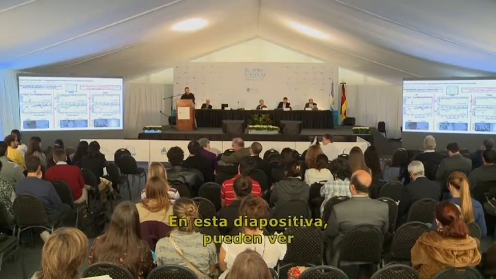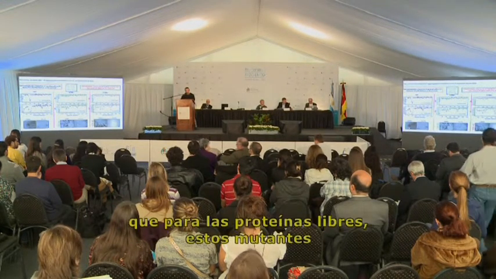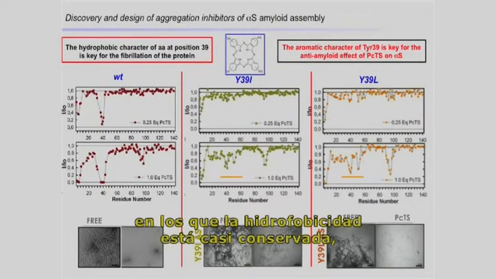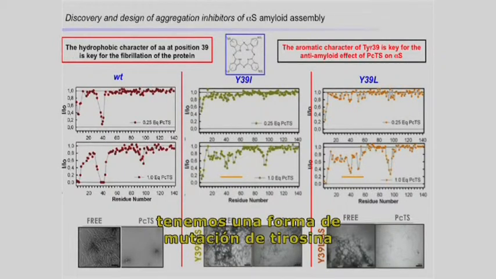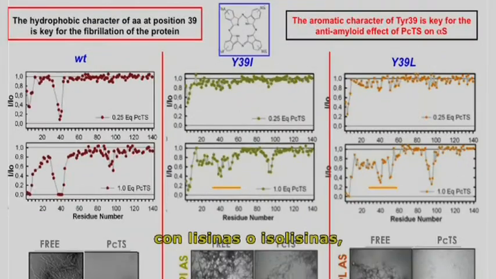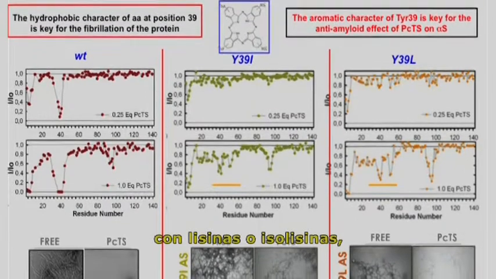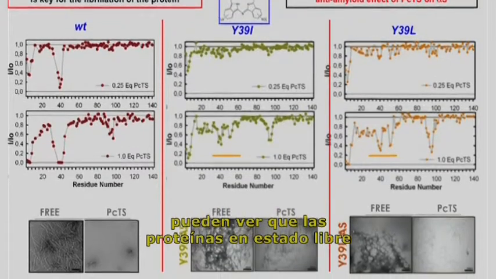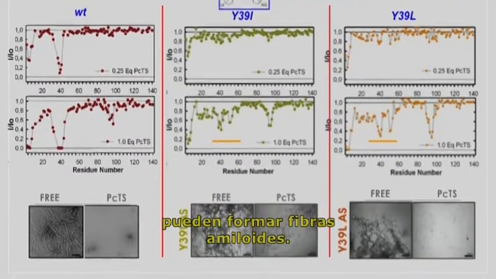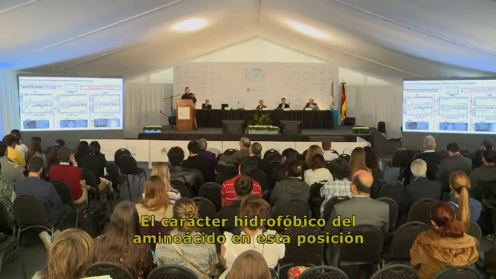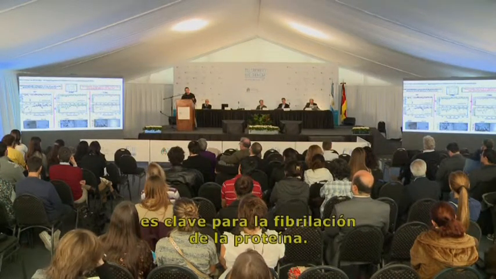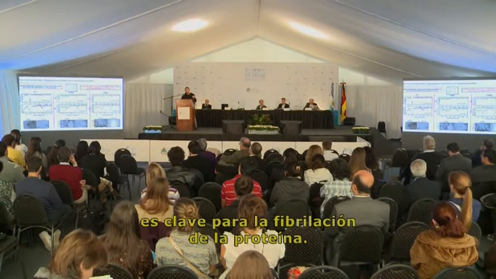And you can see in this slide that for the free proteins, these mutants in which the hydrophobicity is almost conserved, because we have a mutation from tyrosine to leucine or isoleucine, are able to form amyloid-like fibrils. So it seems that the hydrophobic character of the amino acid at this position is key for the fibrillation of the protein.